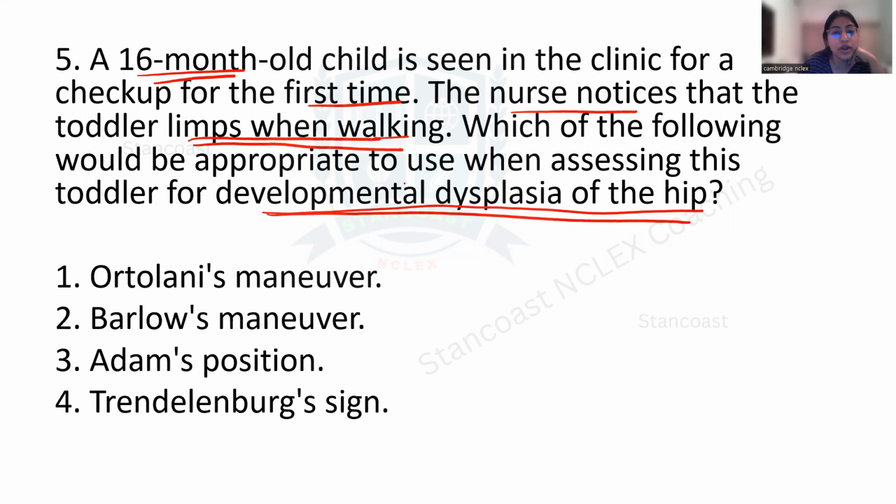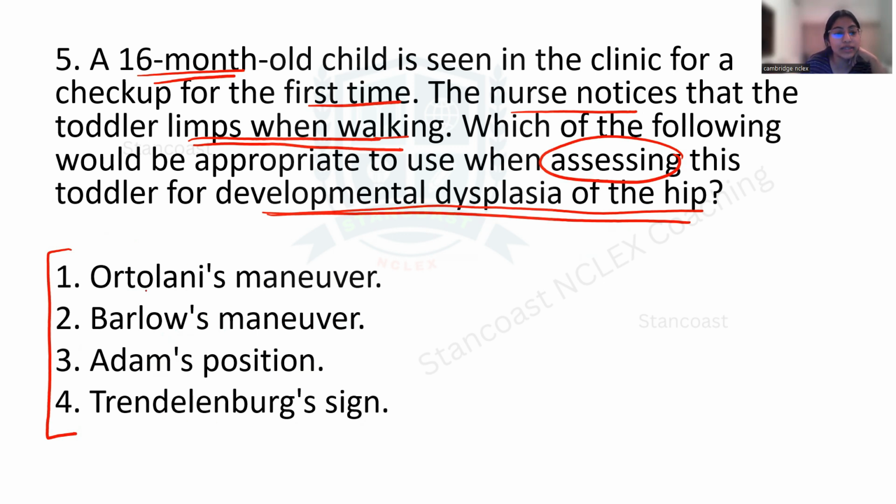So the nurse is going to perform an assessment to check if there is any kind of developmental dysplasia of the hip, so if the hip is displaced or not. You have to tell which assessment we have to perform from these options. First is Ortolani's maneuver. Option 2, Barlow's maneuver. Option 3, Adams position. Option 4, Trendelenburg sign.